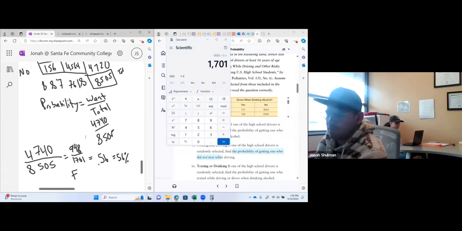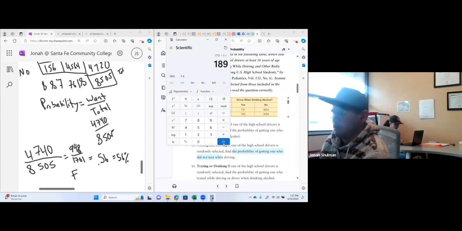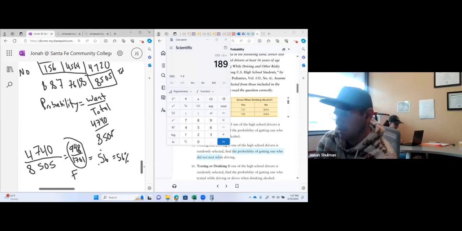Can this be simplified more? 1 plus 1 plus 7 is 9. 9 plus 8. Can we divide them both by 9? Maybe. No, because 9 plus 4 plus 8 doesn't go into 9. I'm pretty sure this is the simplified fraction. This is the decimal, and there's the percentage.